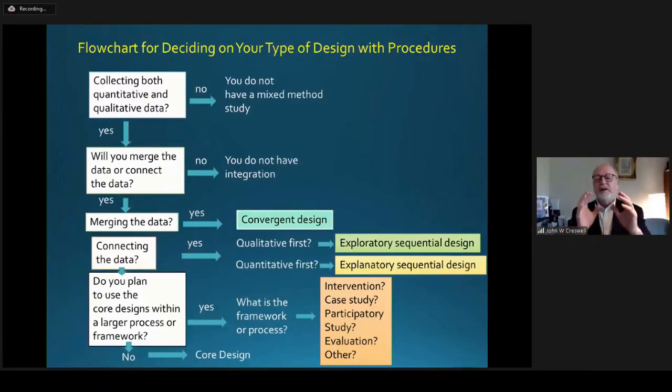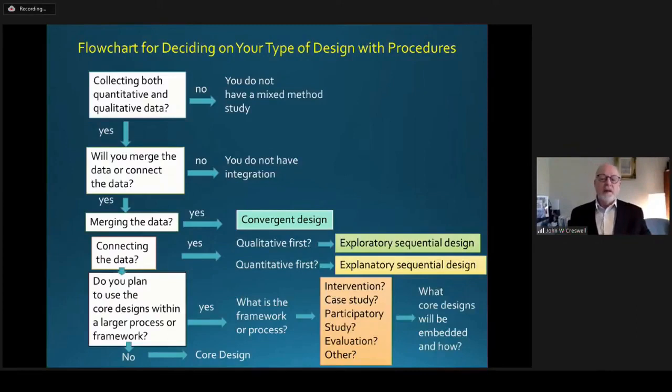What's happening in the mixed methods world is that mixed methods is no longer seen as just a single standalone methodology, but it's being used in many different other frameworks and processes. So it's expanding its use because it can be used embedded within these larger frameworks.